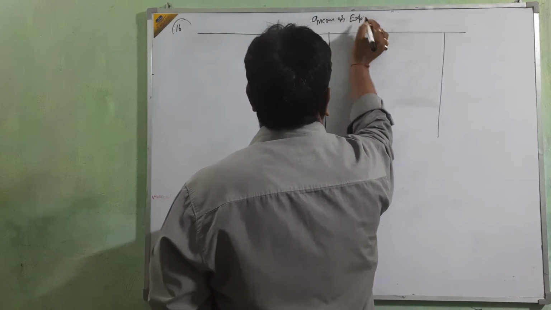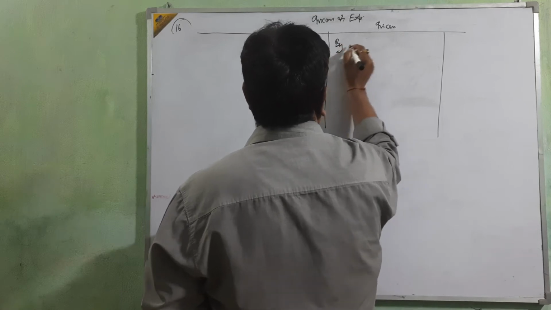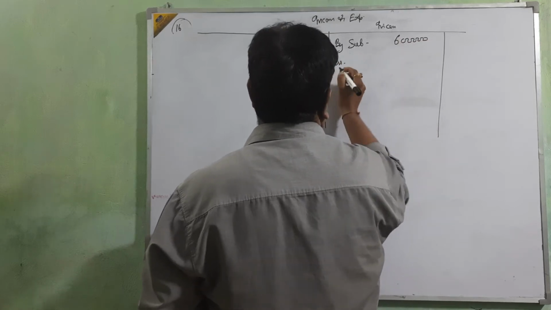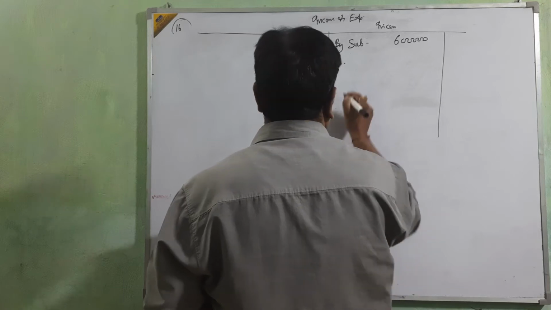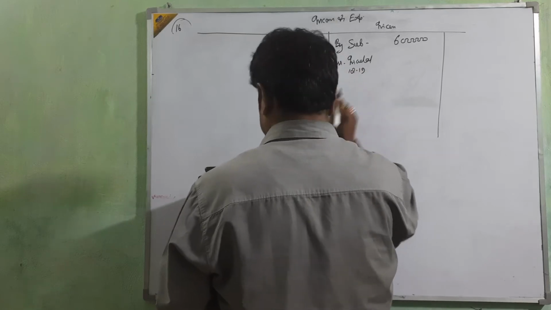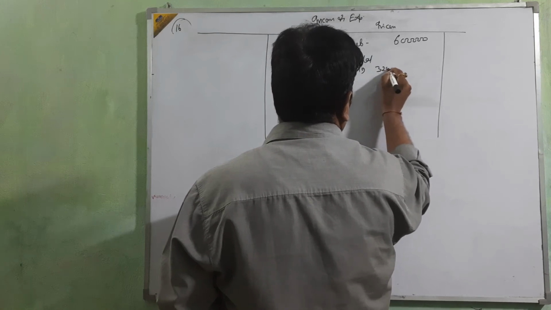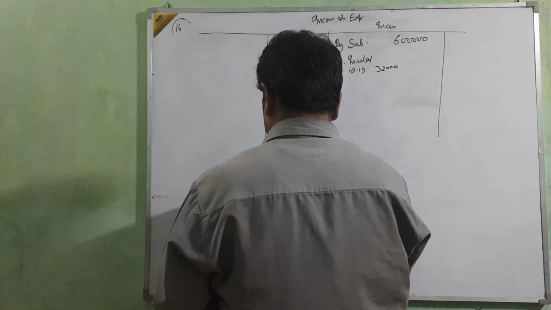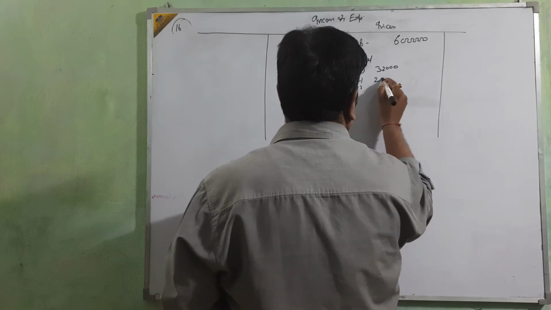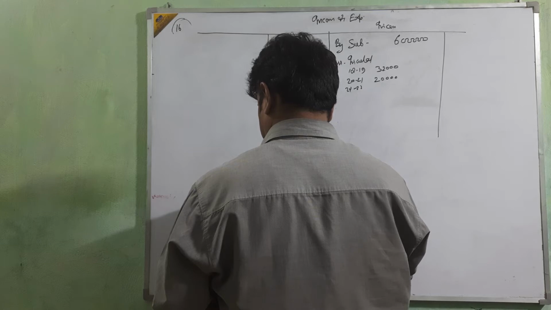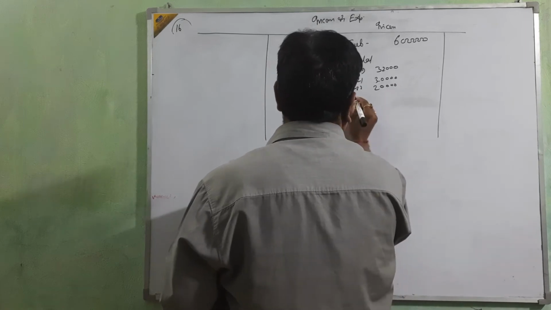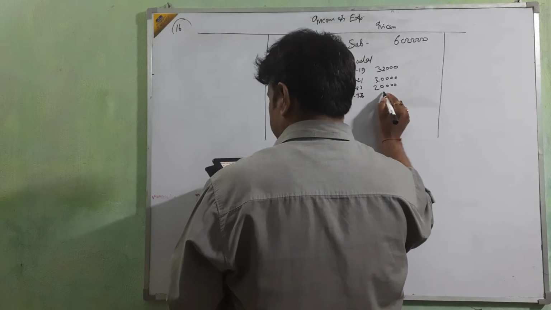Income and expenditure account. Income by subscription 6 lakh, less including 32,000 for 18-19, then 30,000 for 2021, 20,000 for 22, and 22-23 that amount is only 5,000.